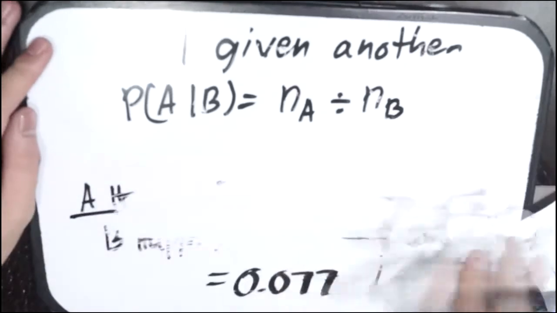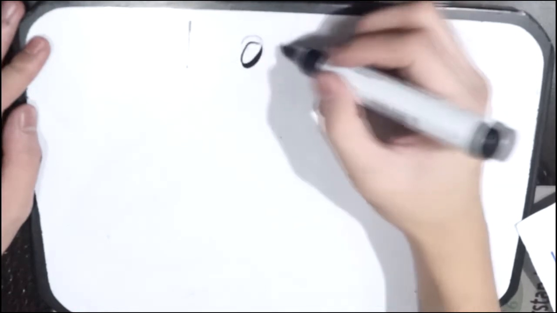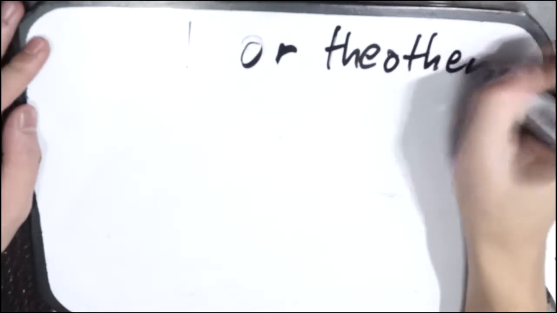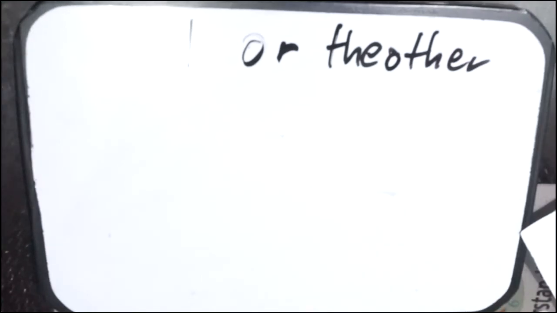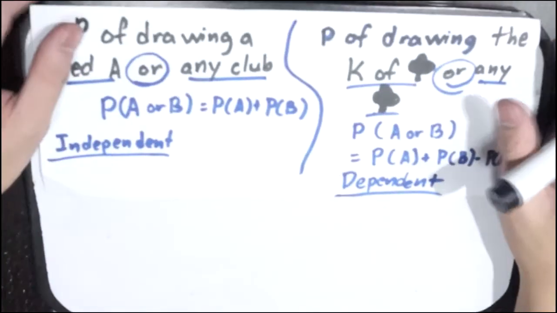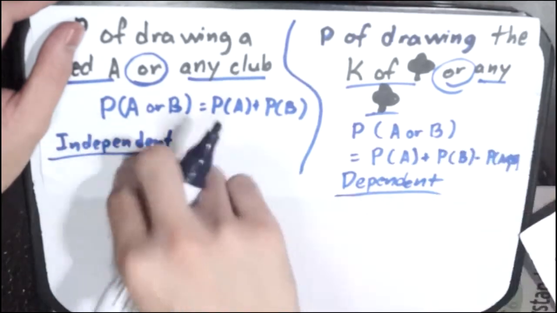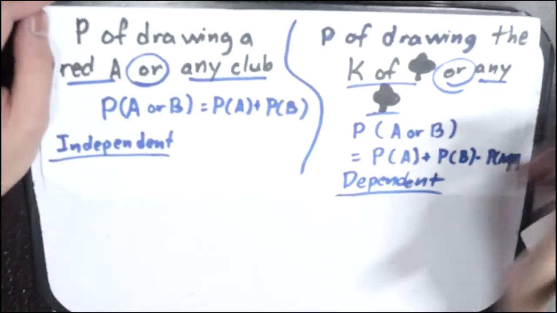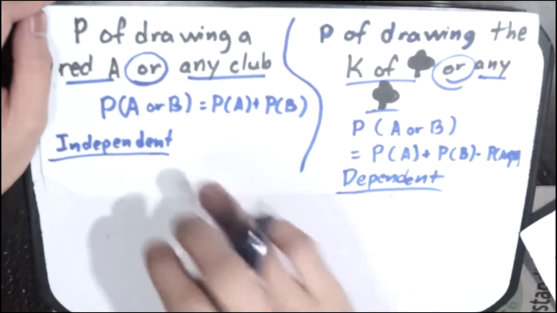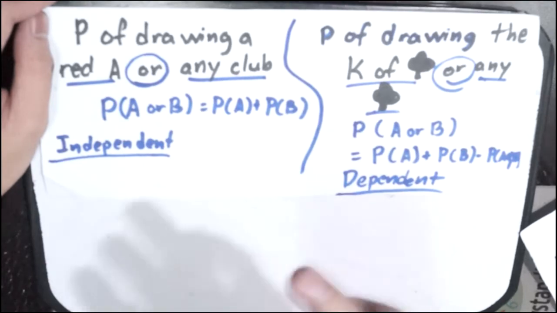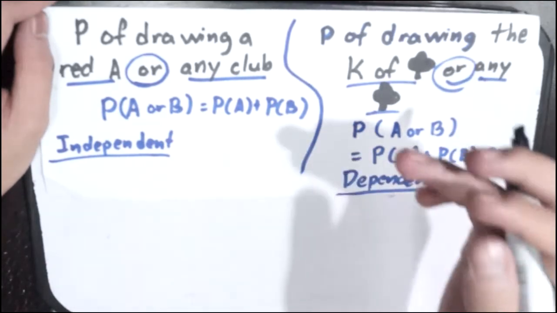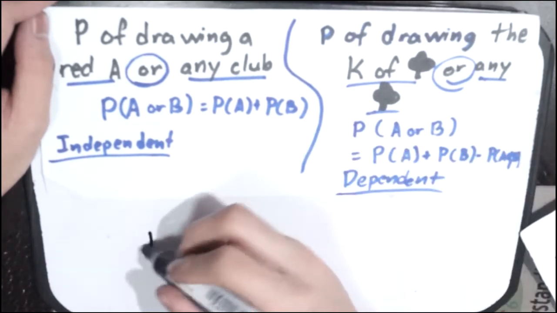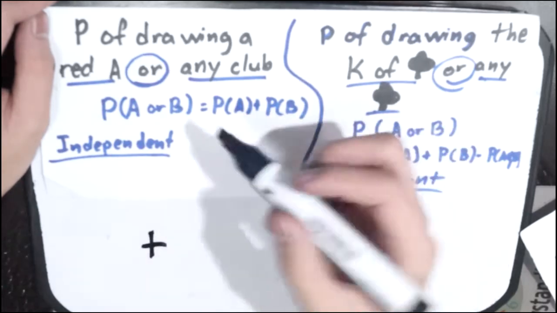How about the probability of one or the other? There are two formulas depending on whether it's a dependent or independent event. In the case of the independent event, like the possibility of drawing a red ace or any club, you simply add the two probabilities.